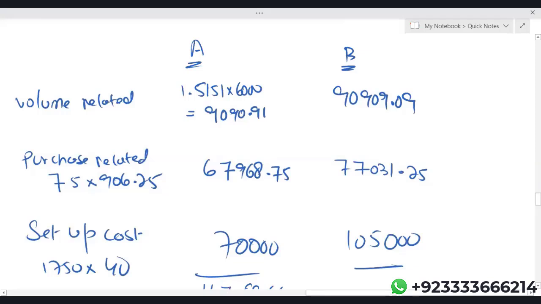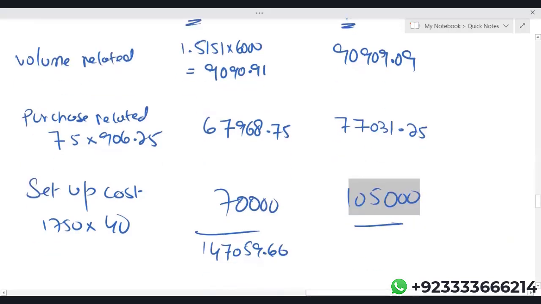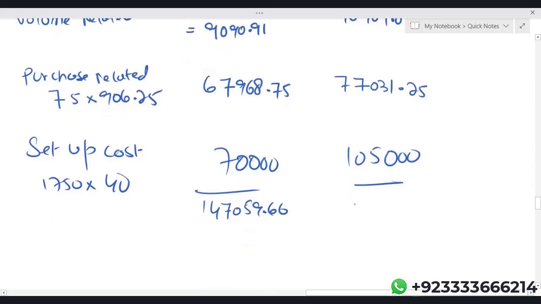9090.09 plus 77,031.25 plus 1,05,000. So I'm getting 2,72,940.34.